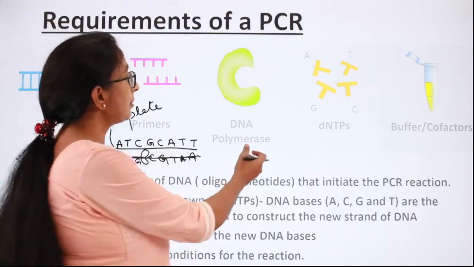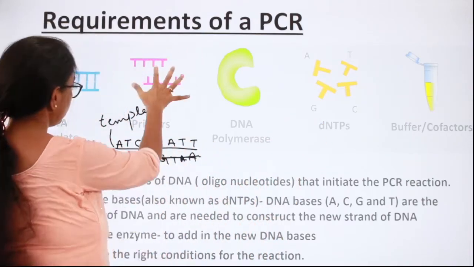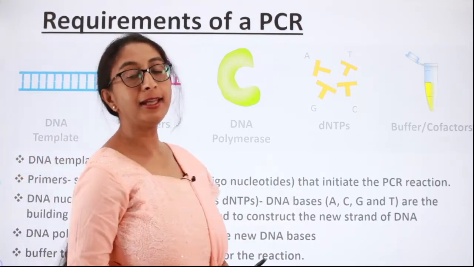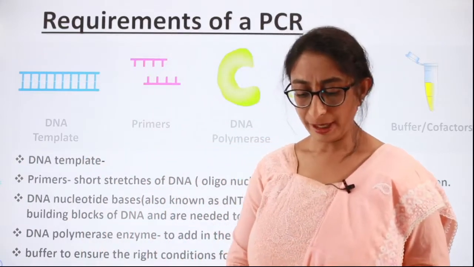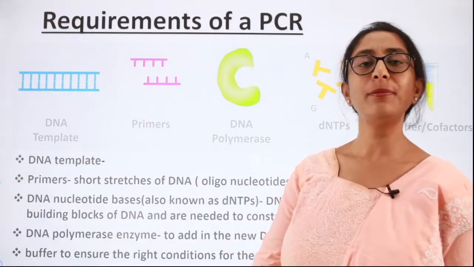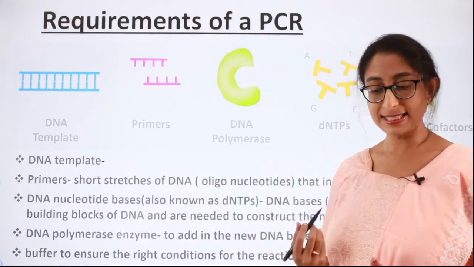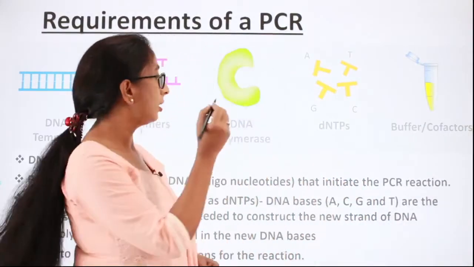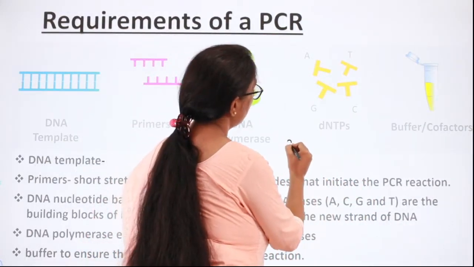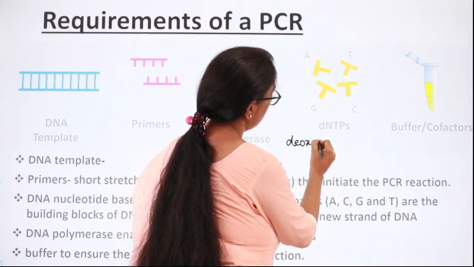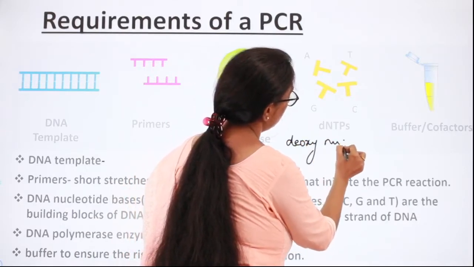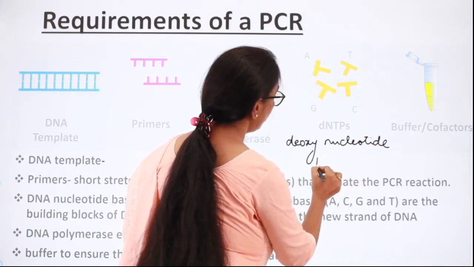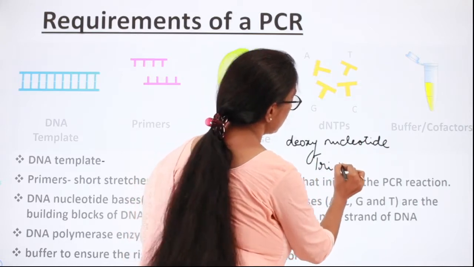Okay. Next comes the dNTPs, or DNA nucleotide bases. Why are the DNA nucleotide bases called dNTPs? dNTPs means deoxynucleotide triphosphate.